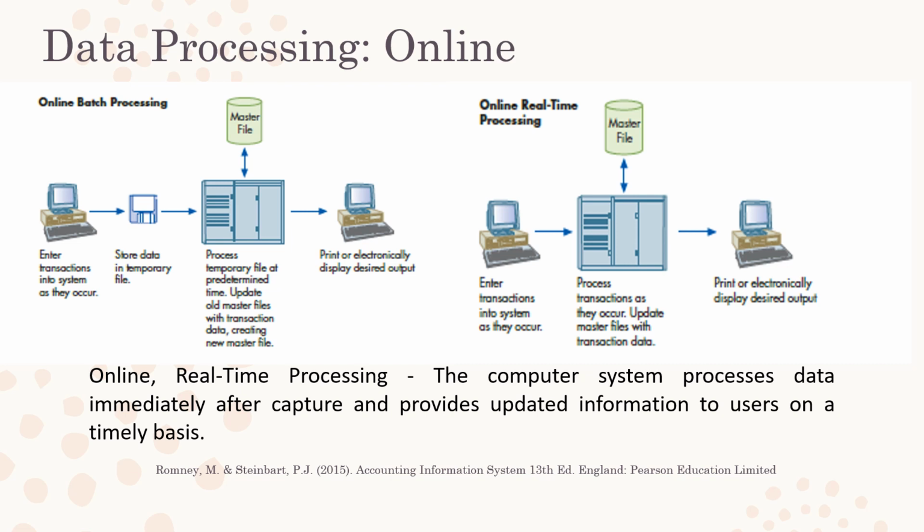So we have online batch processing and online real-time processing. In online batch processing, there is a delay, but this is still online, not offline batch processing. Most companies, like the airline business, are doing online real-time processing.